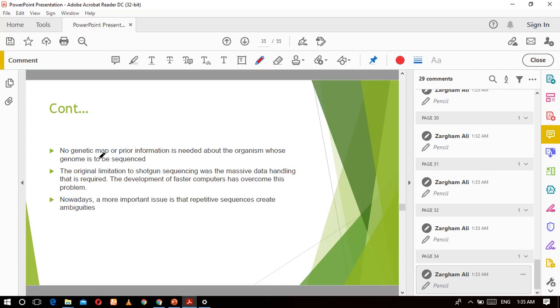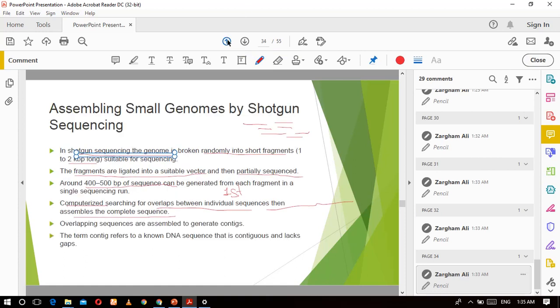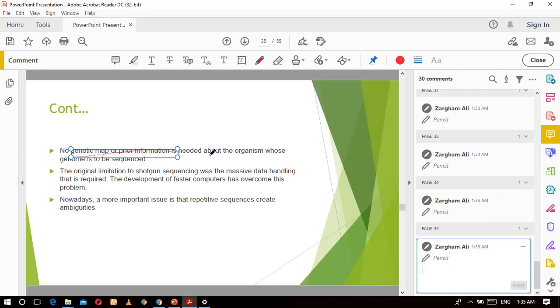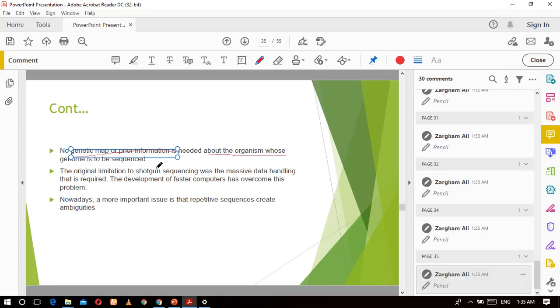For shotgun sequencing, no genetic map or prior information is needed about the organism whose genome is to be sequenced. We can easily sequence the DNA.